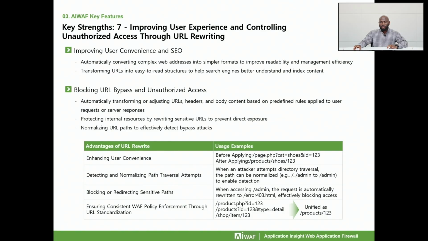You can also block specific URLs by rewriting URL calls to specific error pages, example 403 or 404 error pages, effectively blocking calls or access to those specific paths. You can also protect internal server resources by encrypting sensitive URLs in the web path, effectively hiding them from potential attacks.